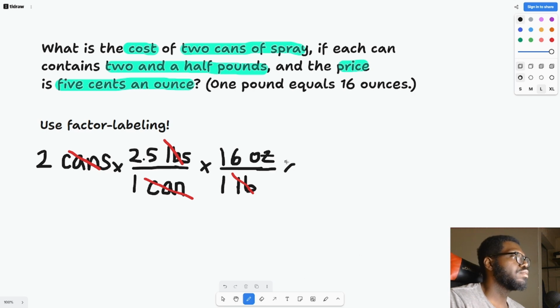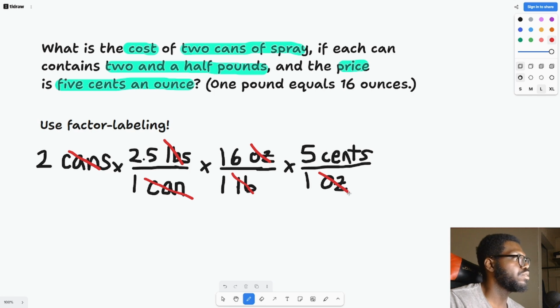And then our last conversion is just converting the ounces to cents. We're given that the price is 5 cents an ounce. I want to put ounce here in the denominator so it cancels with the ounce in the numerator from the previous fraction. And up in the numerator here, I'm going to write 5 cents. Once again, ounces is going to cancel.